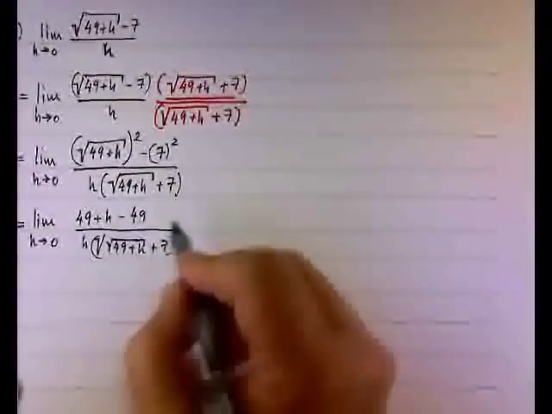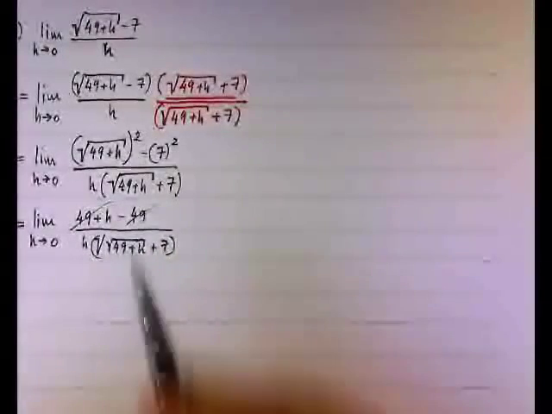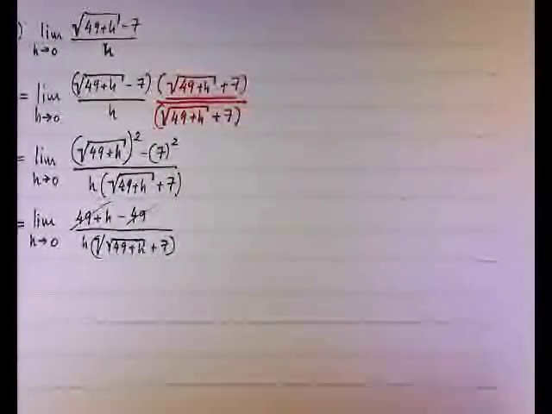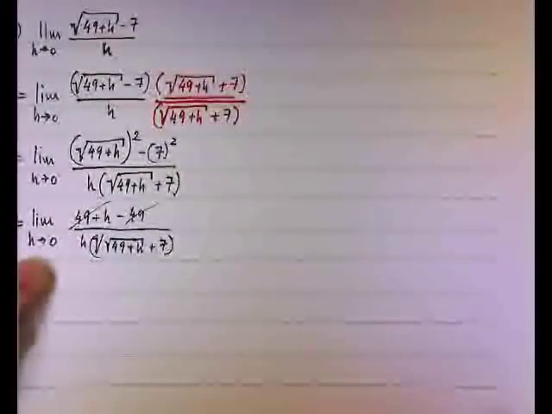Okay? Notice that 49 minus 49 cancel each other, and what you have is h divided by h. Remember, at this point, since you have the limit notation, h is not equal to 0. If h was equal to 0, we are stuck because we have to divide by 0. But the idea of the limit is that h is never exactly equal to 0, but close enough to 0.